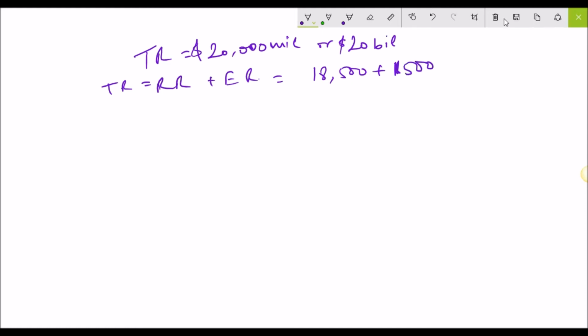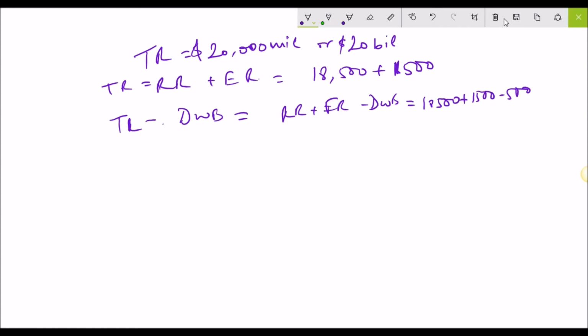If you substitute for total reserves, you get the required reserves plus the excess reserves minus the discount window borrowing, which is equal to 18,500 plus 1,500 minus 500. So this ER minus DWB is the net free reserves.